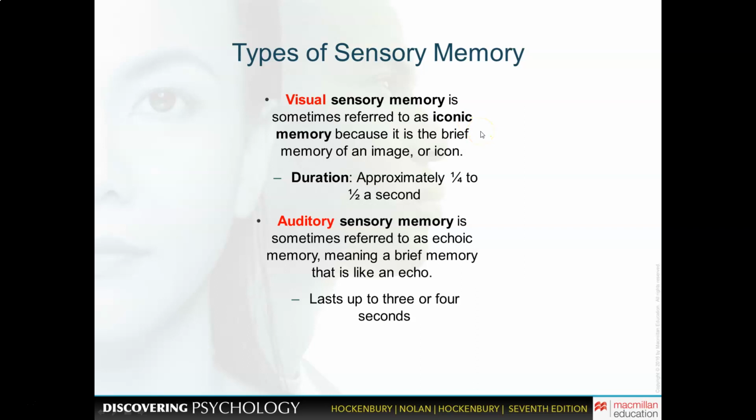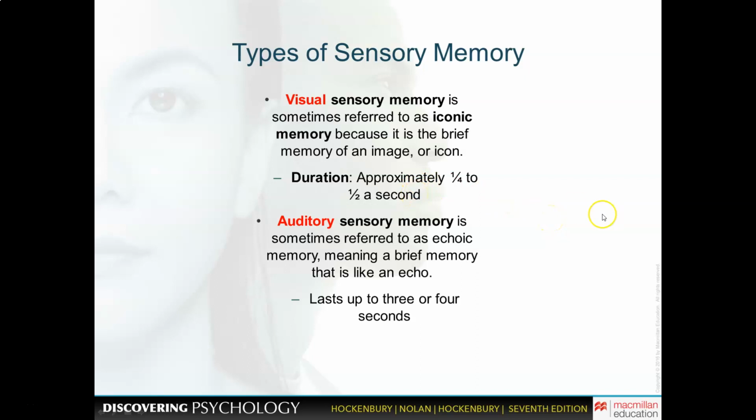Okay, and what's most important to know on this is visual memory is very short-lived. It usually lasts between a quarter to a half of a second.